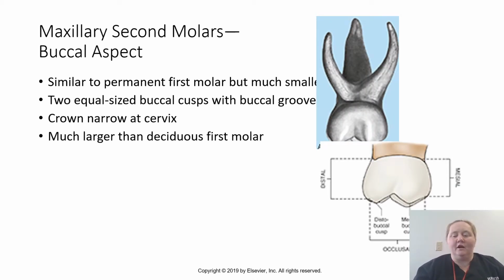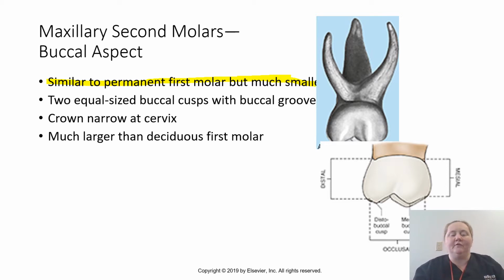All right, our maxillary, I have to move my camera here so I can see this. Our maxillary second molars, the buccal aspect, is similar to the permanent first molar, okay? I'm going to highlight that because this is true of all the deciduous second molars.